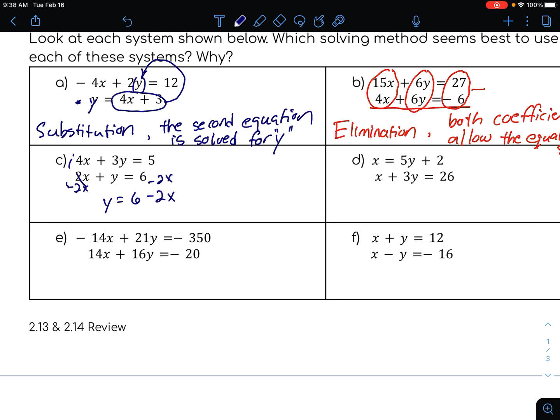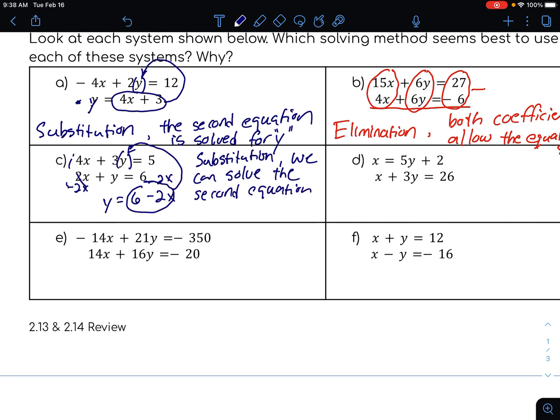So now we do have an equation that is solved for y, and now we can do that substitution step. So in this case, substitution probably would still be the best way to go. So substitution, we can solve the second equation for y and substitute.